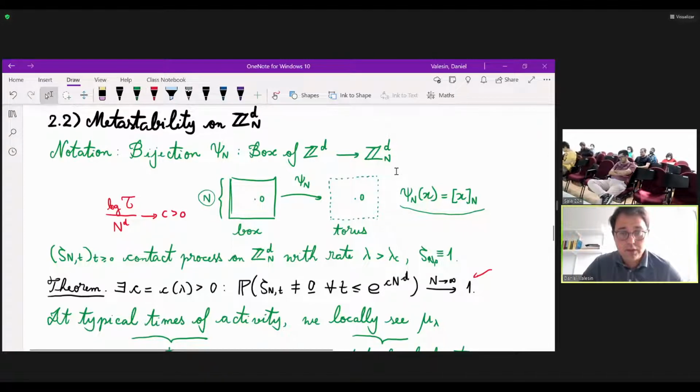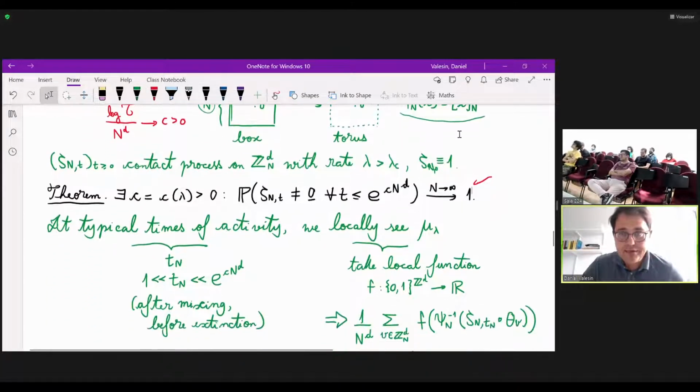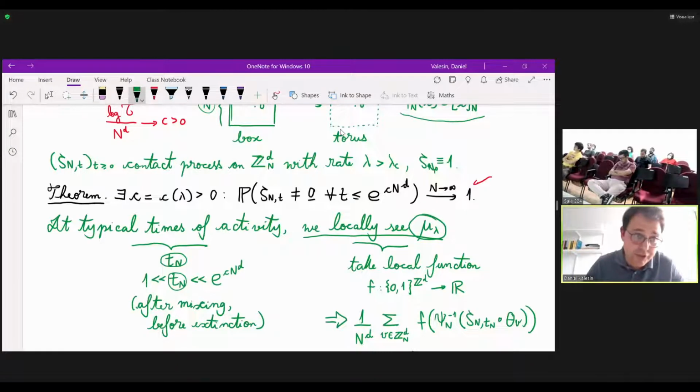Okay, so now one observation is that if I take the contact process on the torus at typical times of activity, what I mean by that is, suppose that I take a snapshot of the process at a certain time Tn, and this Tn is large, but small compared to the extinction time, the time when the process dies. So I want to take a snapshot of the process after mixing and before extinction, so to speak. If I do that, I claim that I locally see mu lambda, this upper stationary distribution.